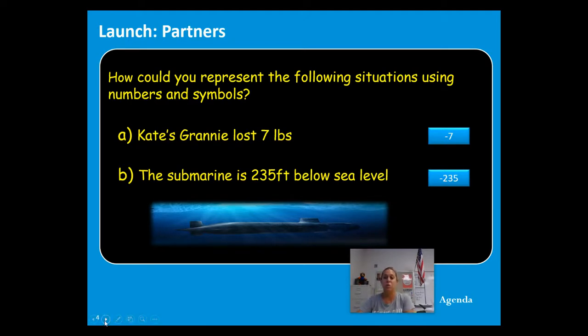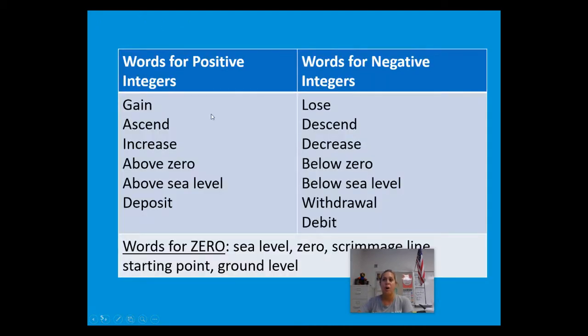So let's take a closer look at vocabulary. I really, really recommend that you write this vocabulary in your journal or make a note somewhere, because this is going to be important. These are some words that are used to represent positive integers, positive scenarios.